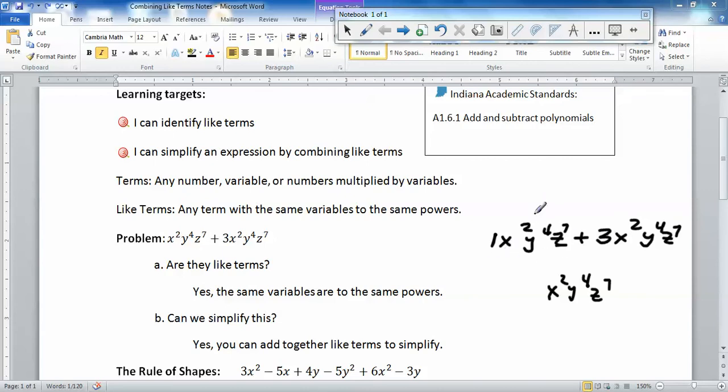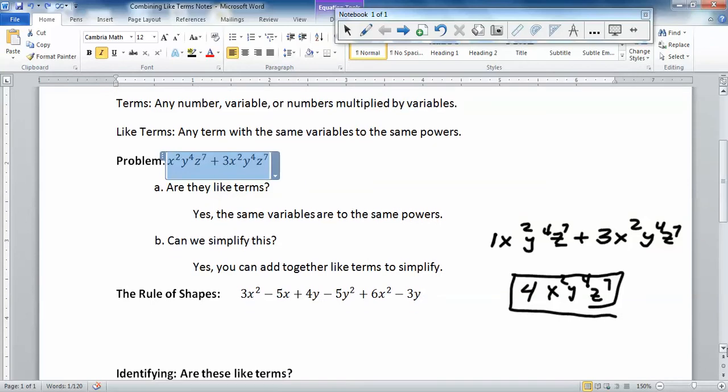So I have 1 of these here and 3 of these here. So if I add them together, I have 4. So 1 plus 3 is 4. So I've condensed this term into a single term, 4x squared y to the fourth z to the seventh. So it's less complex, it's less writing, and now it is as simplified as it can get.